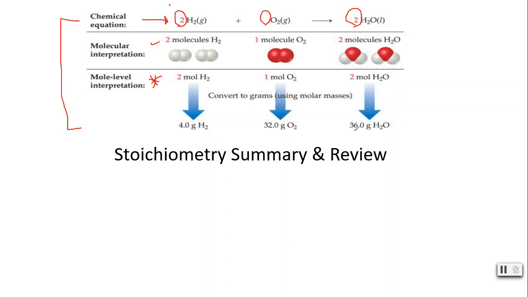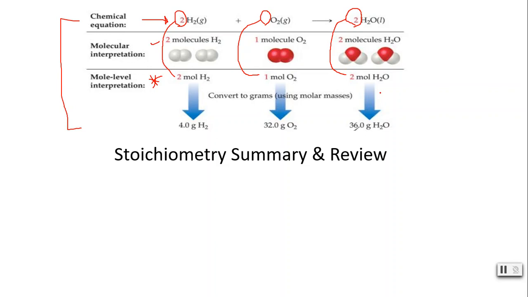For example, in this chemical equation up front, I can say for every 2 moles of hydrogen gas and every 1 mole of oxygen gas, if there's no coefficient out front, then it's an implied 1. For every 2 moles of hydrogen gas, I have 1 mole of oxygen gas. I would have 2 moles of liquid water produced.